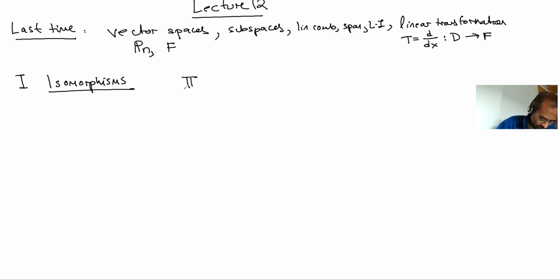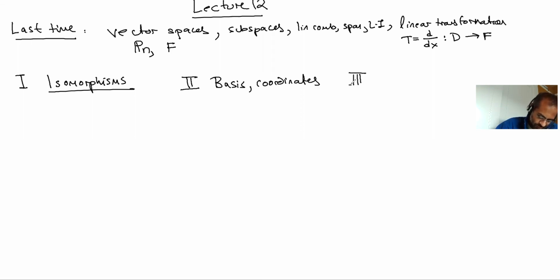Then I want to talk more about the concept of a basis. We introduced a basis of Rn, or a basis of a subspace, before the midterm. Now we'll talk about a basis of a general vector space, and we'll introduce another very useful thing you can do with a basis, which is assign coordinates to vectors.